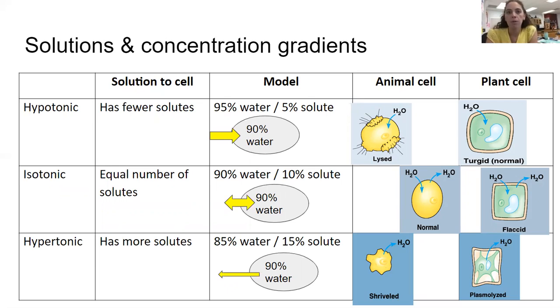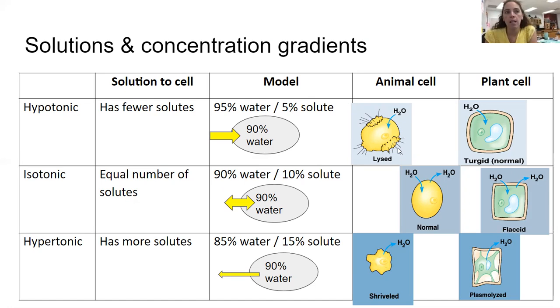Inside the cell, which is the gray oval, it's 90% water, which means there's 10% solute. Percent should always add up to 100. Because of this, water will be moving. In this case, water moves into the cell, going from high water concentration, 95, to low water concentration, 90.